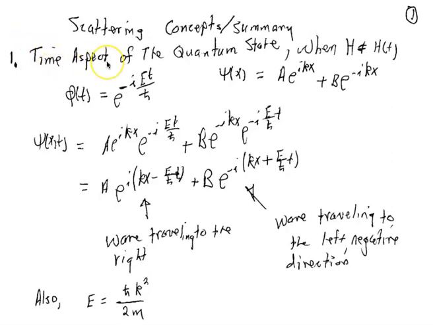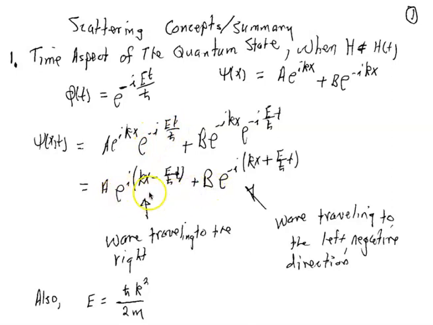Just as a way to recall, the general wave function that we will talk about will be of this kind. It's a wave function of both position and time, written in this manner, A e to the i kx, and this represents a traveling wave. This also represents a traveling wave, B e to the negative i kx, and the time aspect is in this portion here.